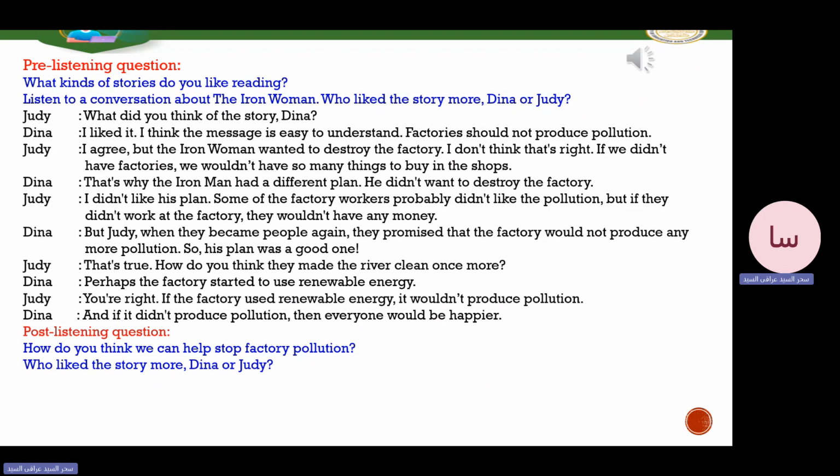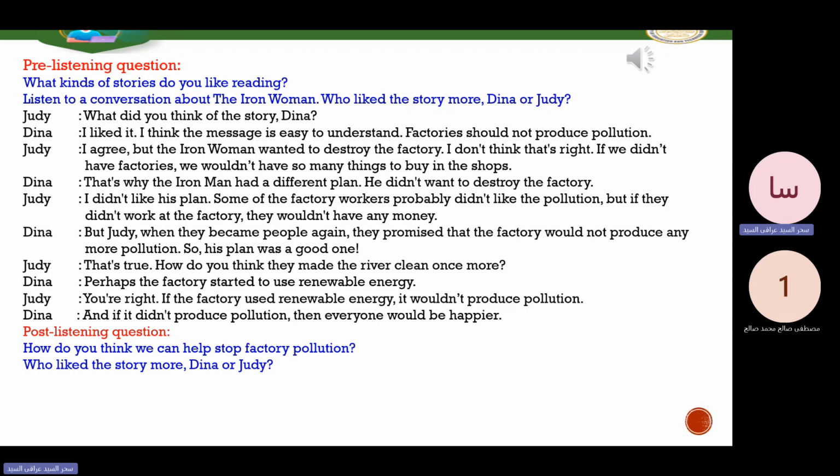What did you think of the story, Dina? I liked it. I think the message is easy to understand. Factories should not produce pollution. I agree, but the Iron Woman wanted to destroy the factory. I don't think that's right.